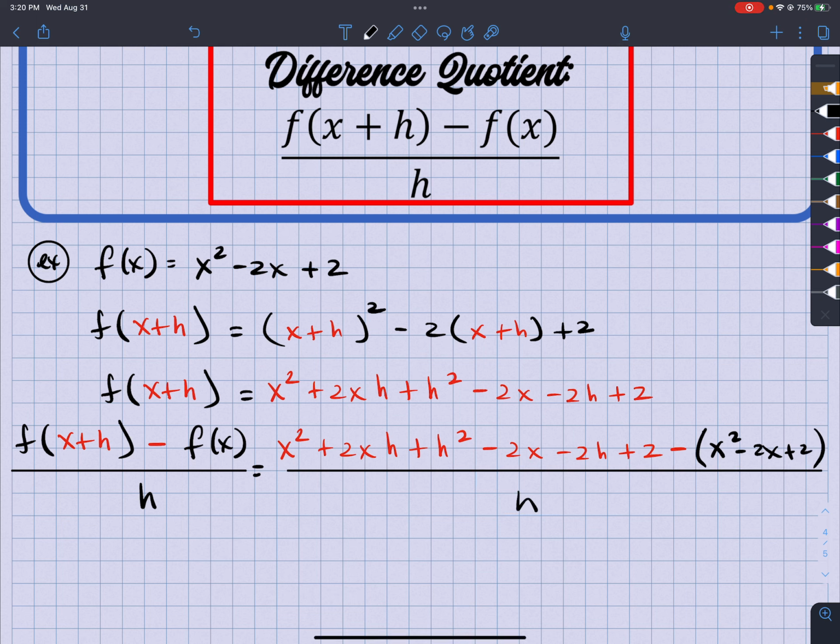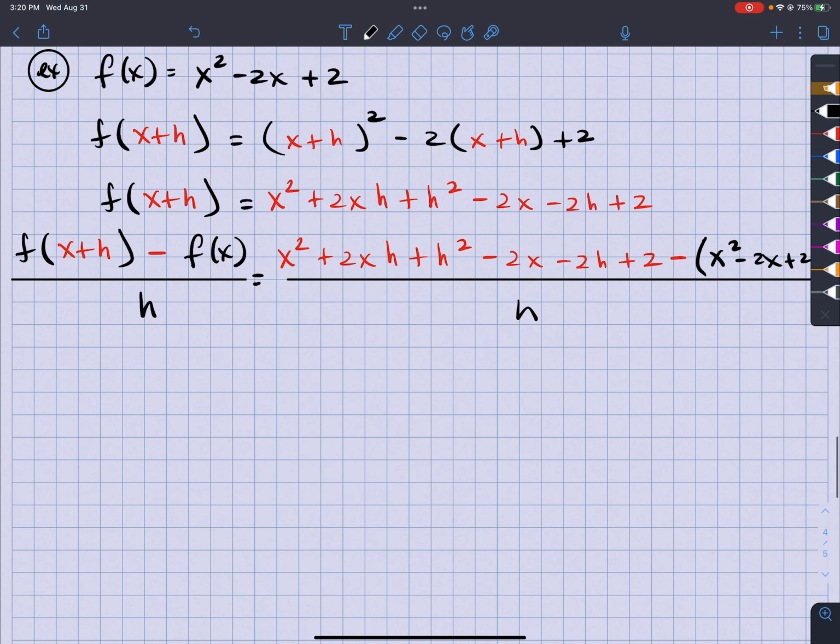All right, so let's take a look at what that gives me. Actually, it's probably a better idea if I just put it down here. So this is going to stay as is.